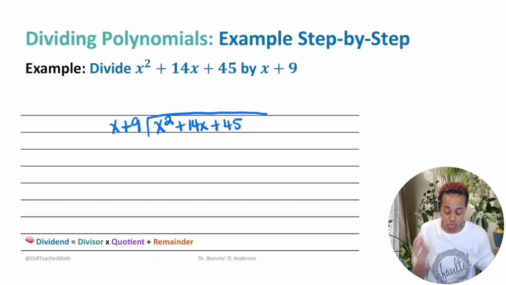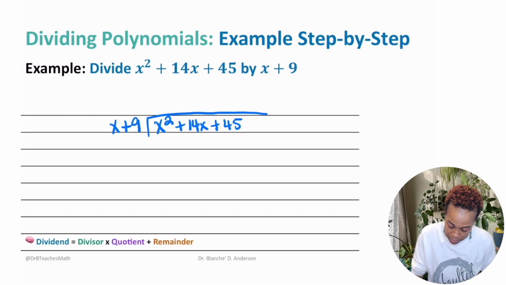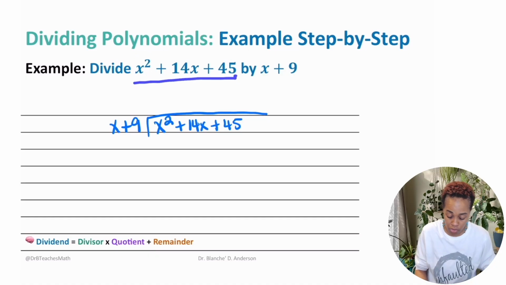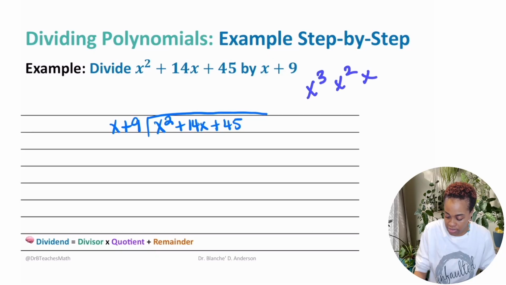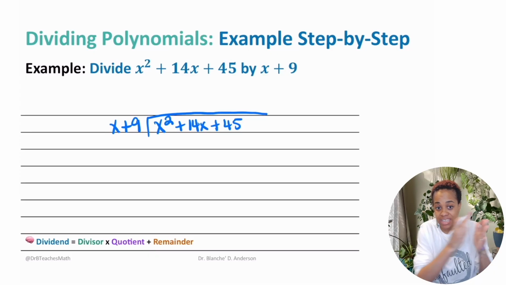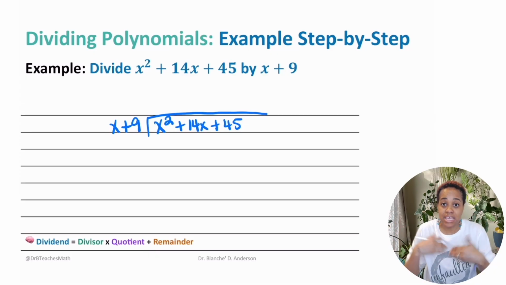Make sure that the polynomial under here is in descending power order. Make sure you're going from x squared to x to no x. If it's x cubed, you go x cubed, x squared, x, to no x, or I'll put 0. So you want to make sure it's in order by descending power. If one happens to be missing, you would just put a 0.